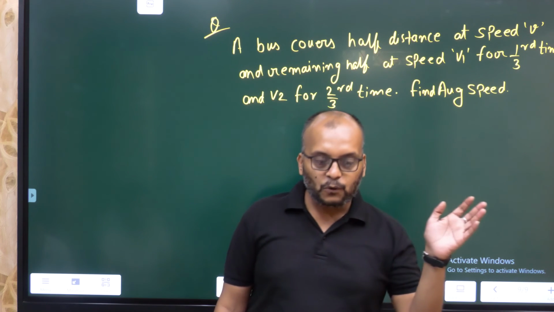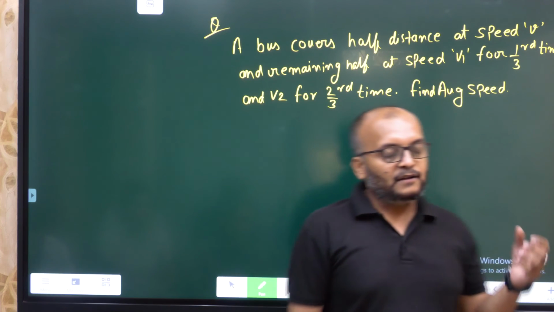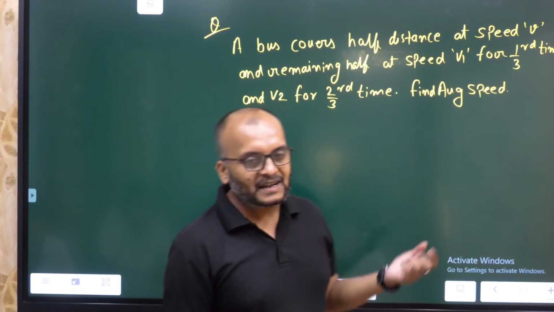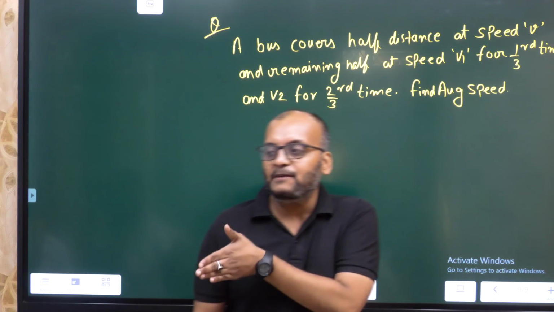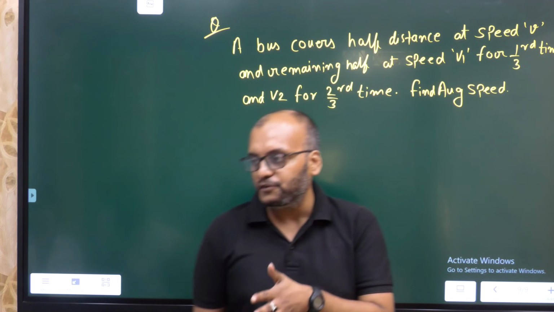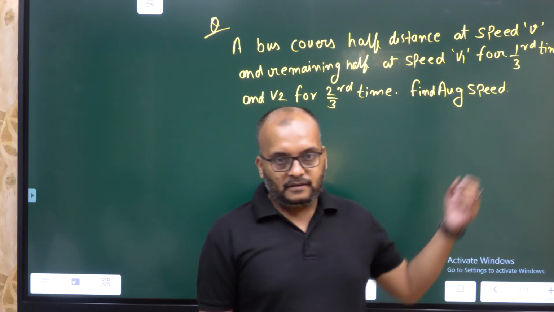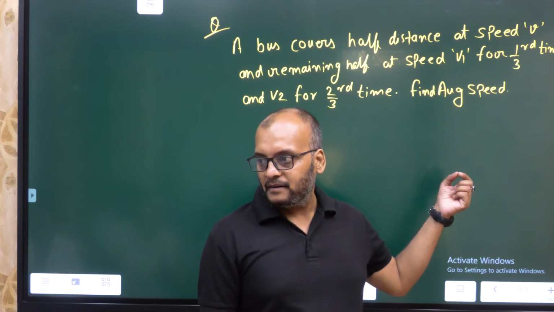So what will be the total time? Total time will be t, yes or no? Because here t has been subdivided into 1 upon 3 and 2 upon 3. So find the value of t.